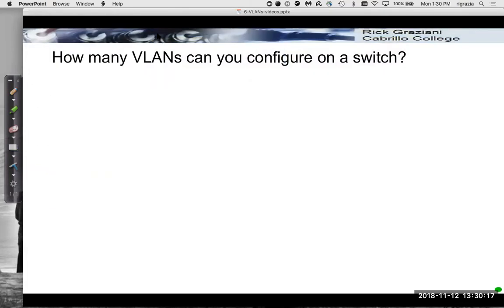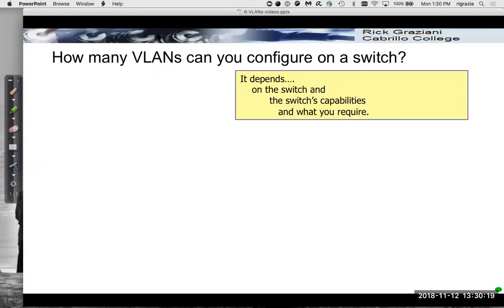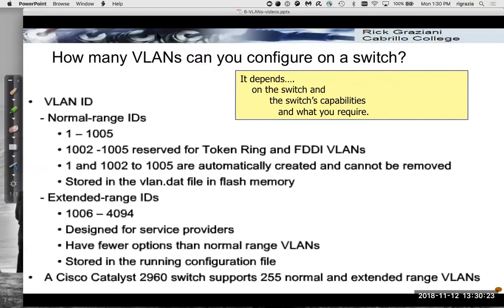Okay, so by the way, how many VLANs can you configure on the switch? Well, it depends on the switch's capabilities and what you require, but we'll take a look at this more later. So typically, on Cisco switches, we can configure in a range of 1 to 1,005 VLANs.